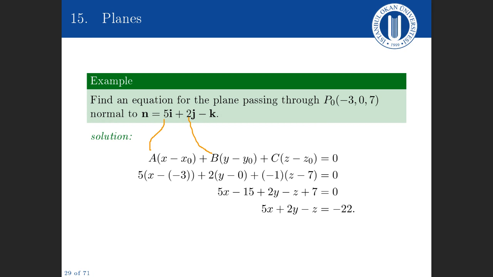Here, a is equal to 5, b is equal to 2, and c is equal to minus 1. We also need to put the numbers from P0 into the equation. x0 is minus 3, y0 is 0, and z0 is 7.